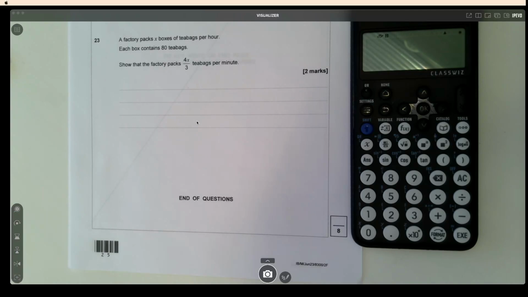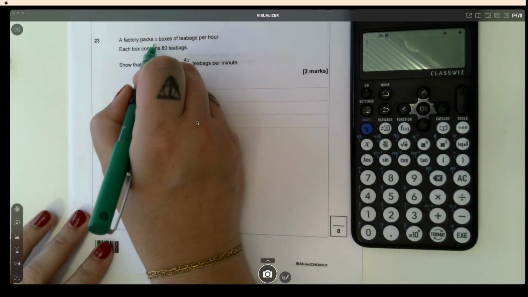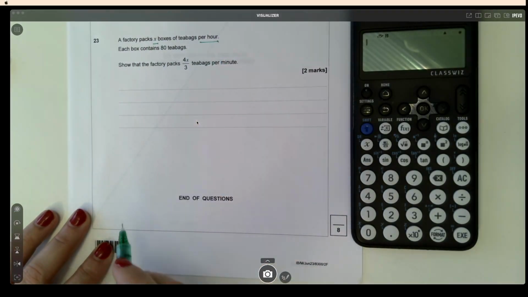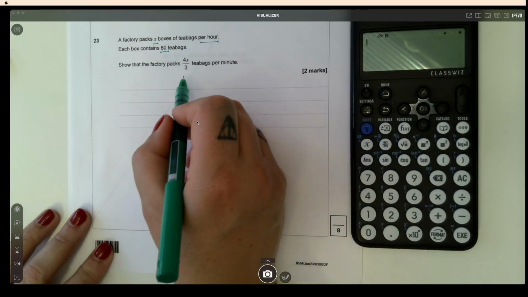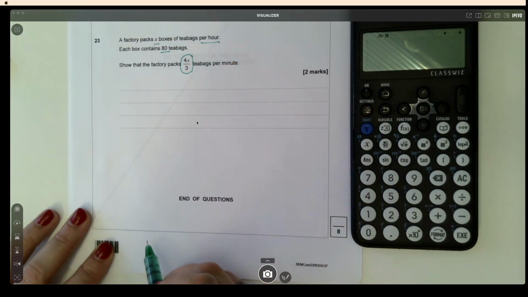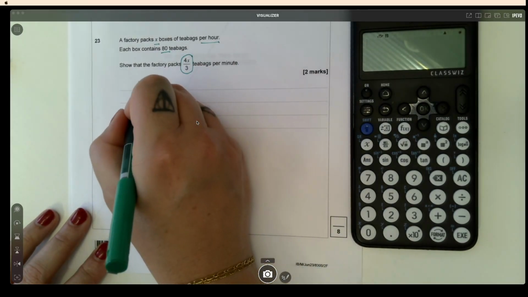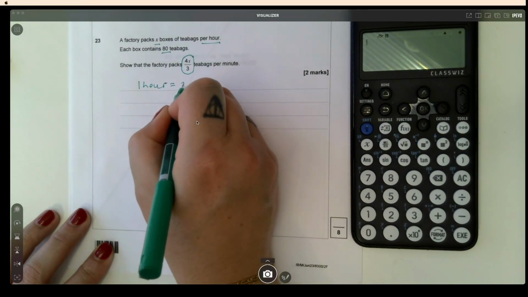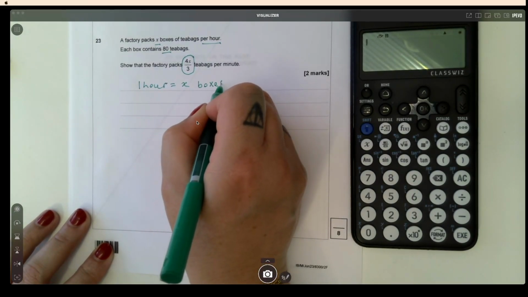Question 23. A factory packs x boxes of tea bags per hour. Each box contains 80 tea bags. Show that the factory packs 4x over 3 tea bags per minute. So they've told us that in 1 hour we can pack x boxes.